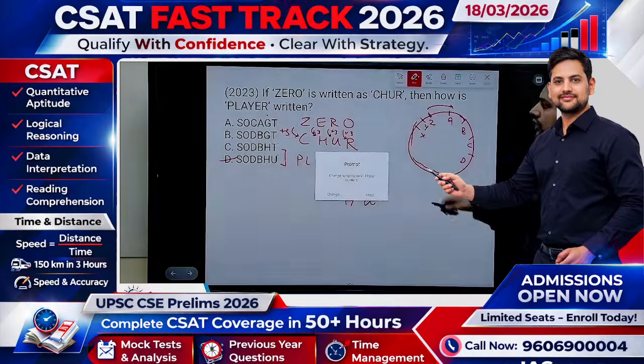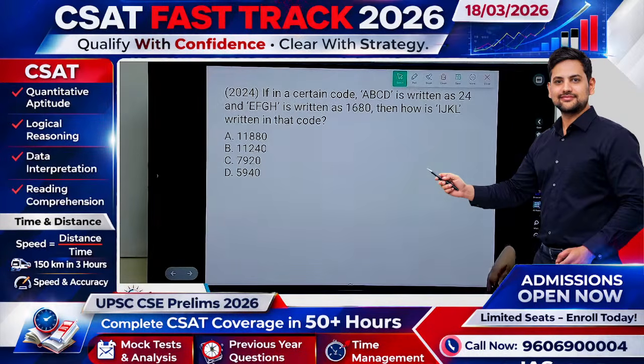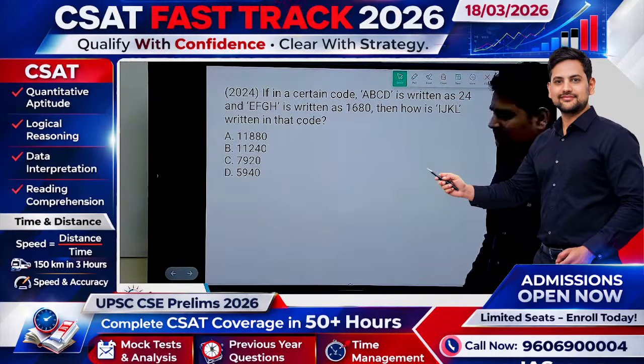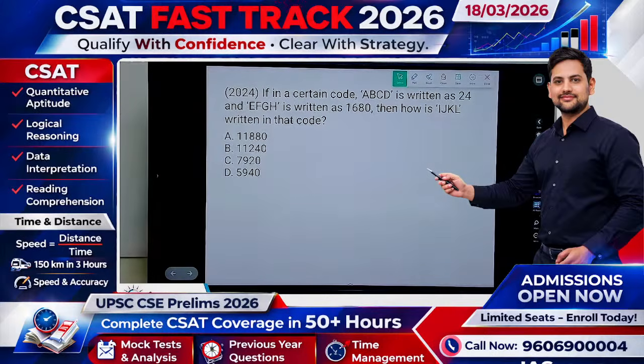Then next. Try this. This is 2024. ABCD is written as 24. Okay. Wow, calculator, huh?